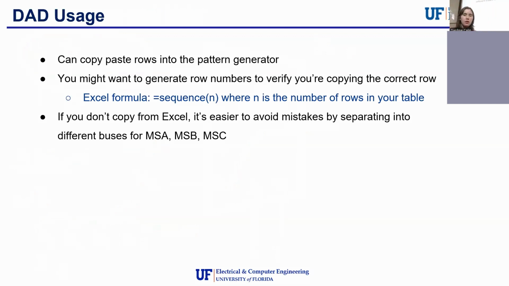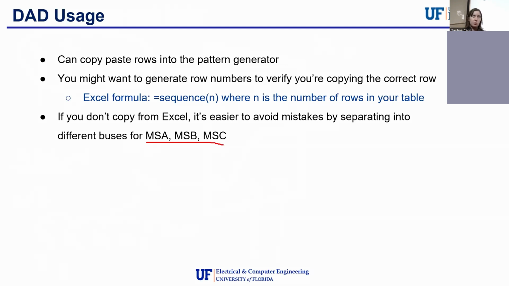So one of the things you're going to have to do in this lab, like I talked about before, is you're going to have control words, which are the collections of MSA, MSB, and MSC. You only have an RALU, but you have input buses to control it, but you don't have a way to control it without manually changing each bit.